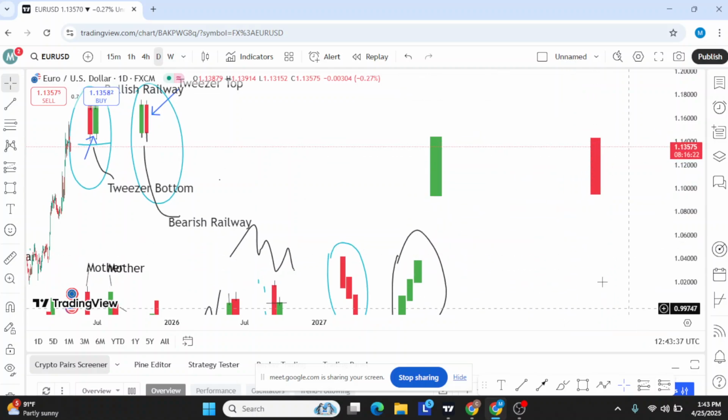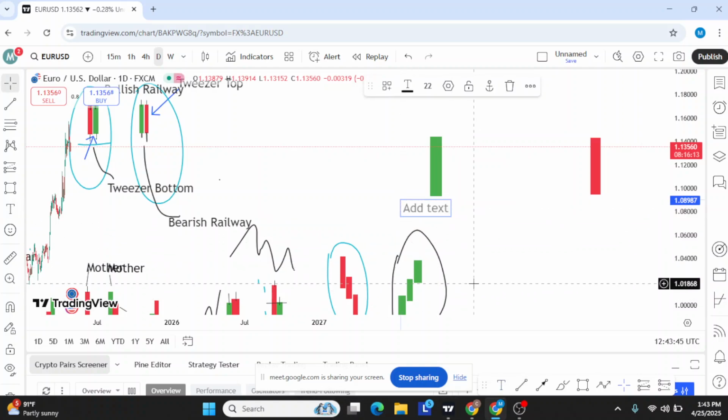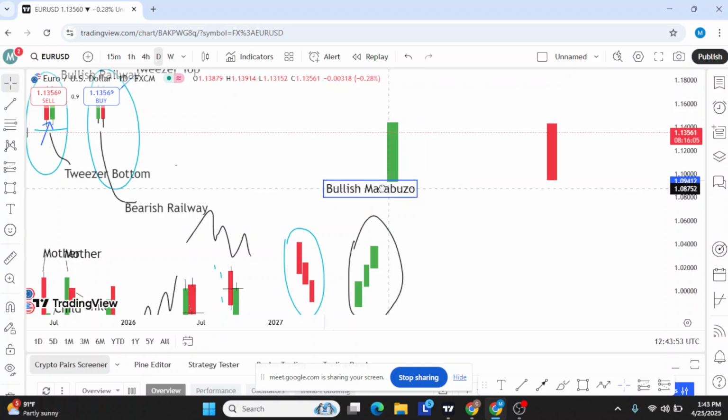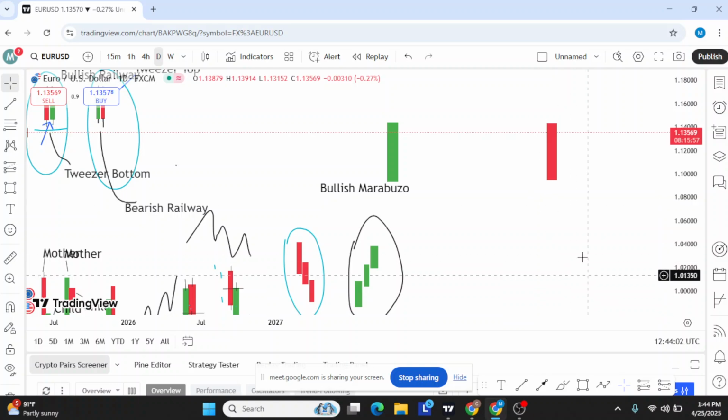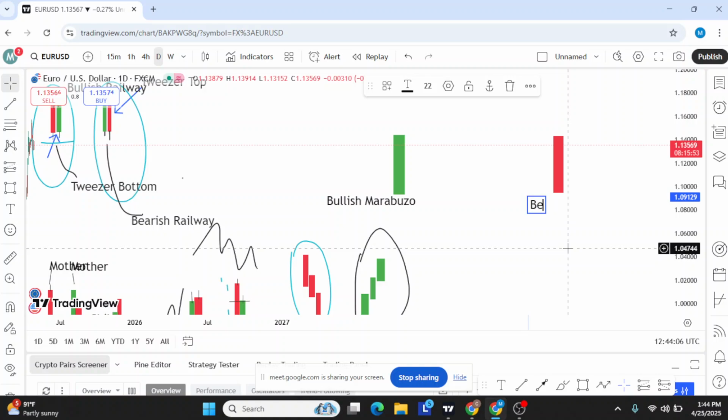So now you can see what is the idea, what is the formation behind this Marabuzo. The green one you are seeing here is a bullish Marabuzo. And the reddish one you are seeing here is the bearish Marabuzo.